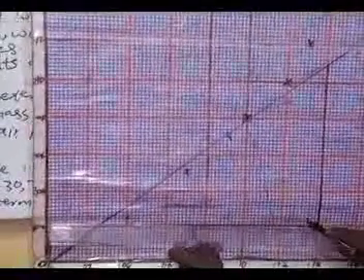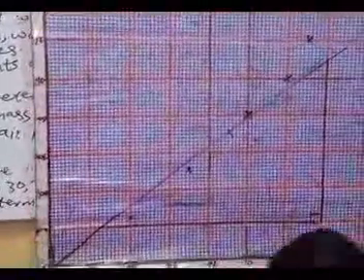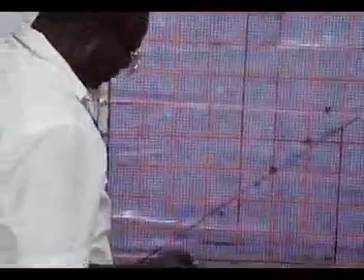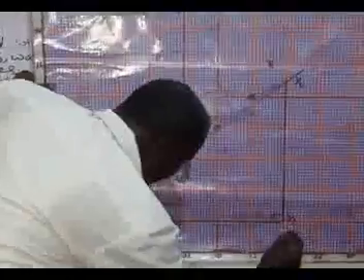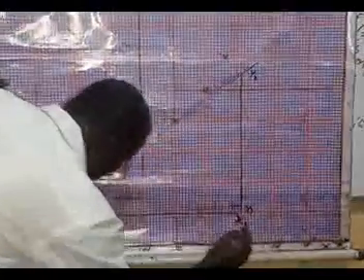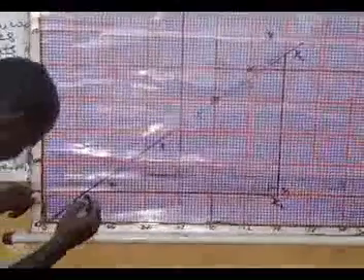This is a right angle triangle here, a very big right angle triangle. Now, we want to calculate the slope. This will be our y2. This will be our y1. This will be our x2. This will be our x1.